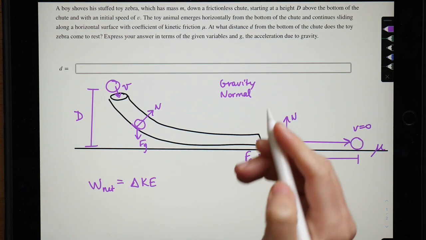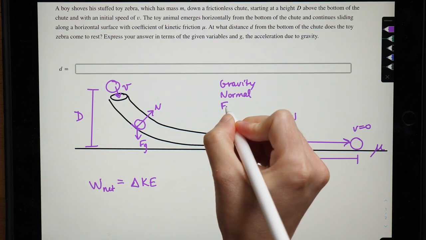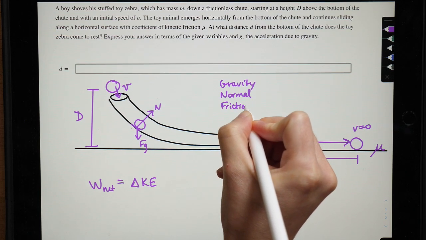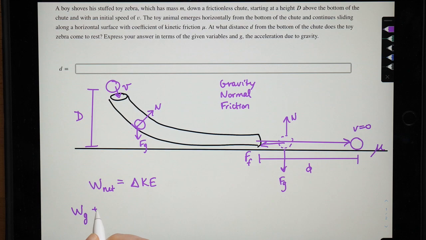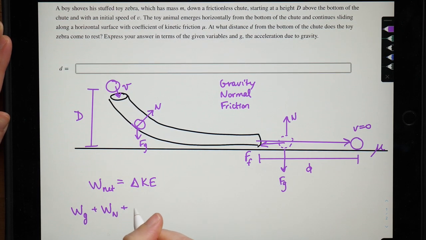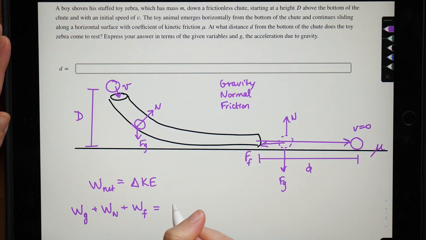Okay. So we need to add up the work done by gravity plus the work done by the normal force plus the work done by friction equals delta KE.